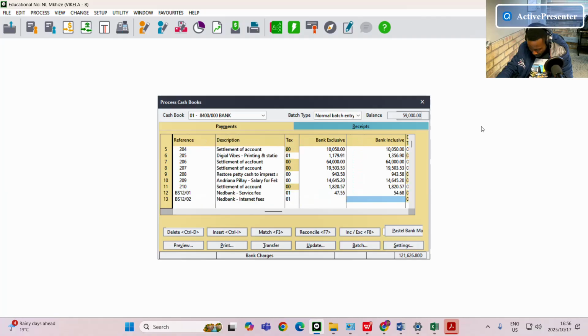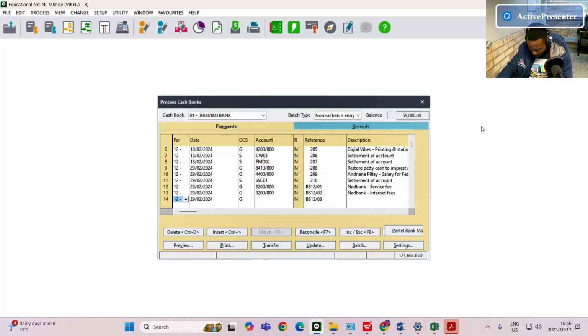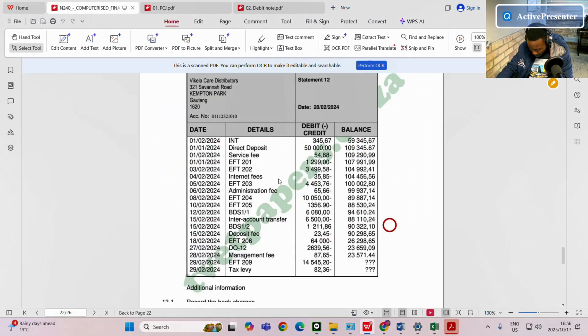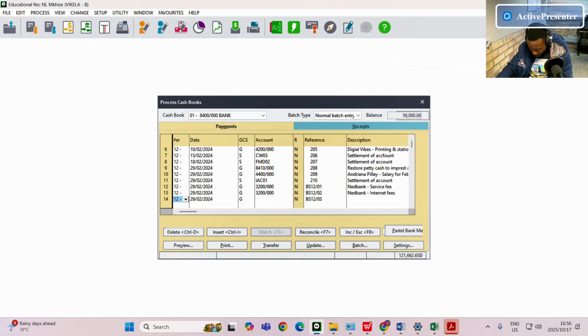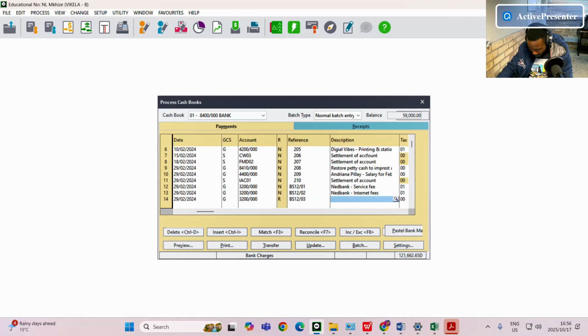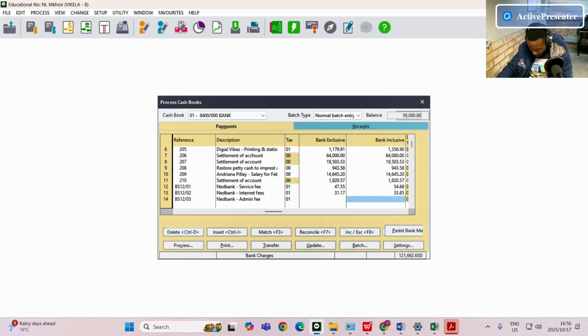Yes, VAT is charged, and then it's 35.85. The next one is administration fee, 65.66, still 3200. NetBank admin fee. VAT is charged. 65.66.